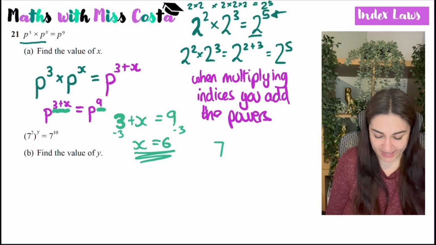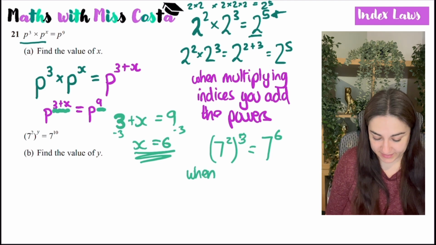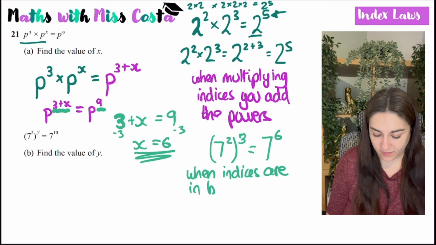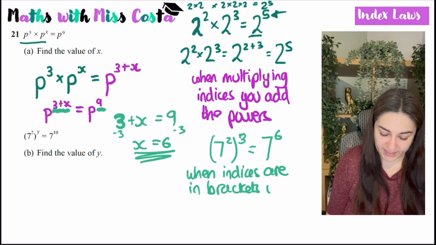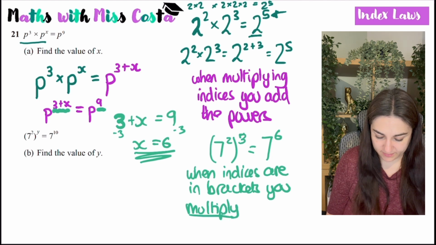The same thing here, when you're multiplying indices. So let's say I had 7 squared, to the power of 3. That would become 7 to the power of 6, because when indices are in brackets, this is the law of brackets, you multiply the powers.